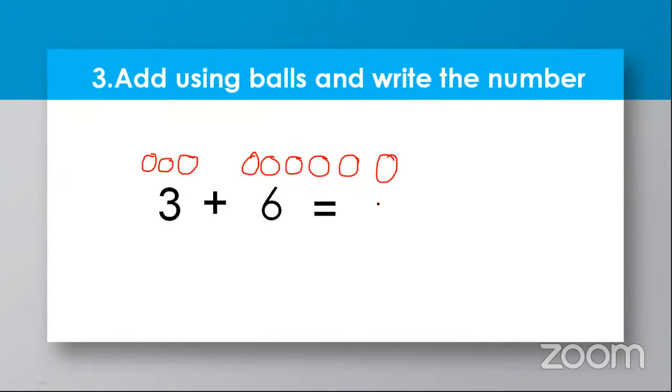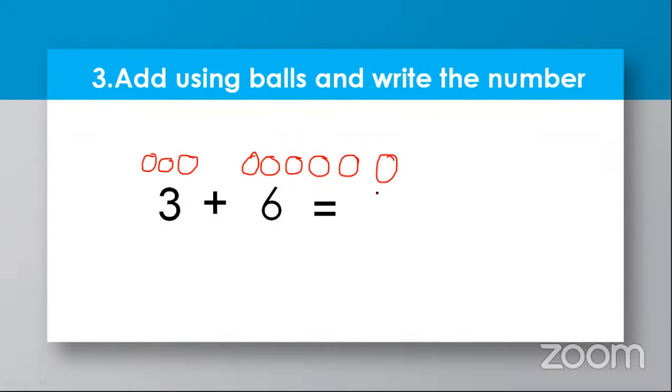Count. You're going to begin with 3. Let's look at the number. 4, 7, 8, 9. 9. Let us count and see. 1, 2, 3, 4, 5, 6, 7, 8, 9.